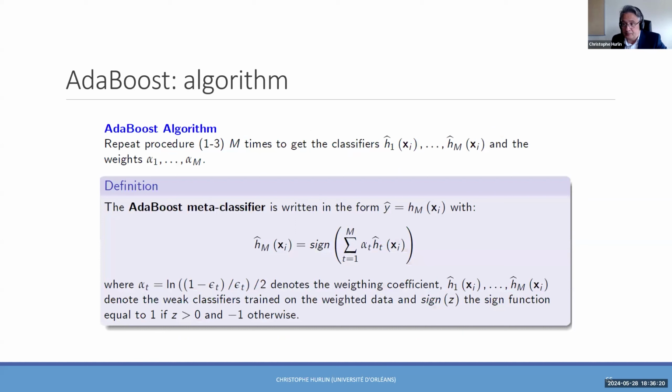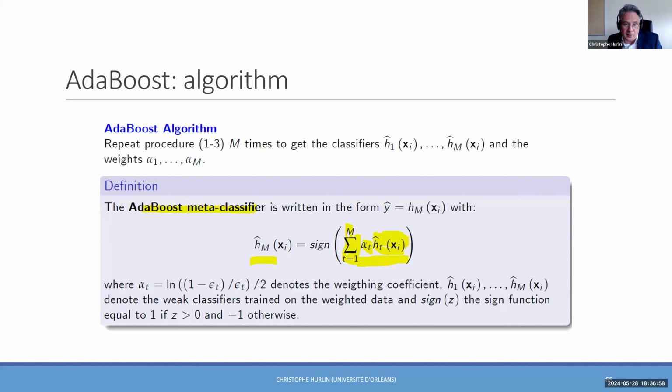H2 is a model trained at the second stage, etc. At the end, this is really simple. The AdaBoost meta classifier is given by the sum of all the decisions made by all the models times this coefficient alpha t. So the most kind of error provided by the model. And so this is a weighted sum of the boosted models.